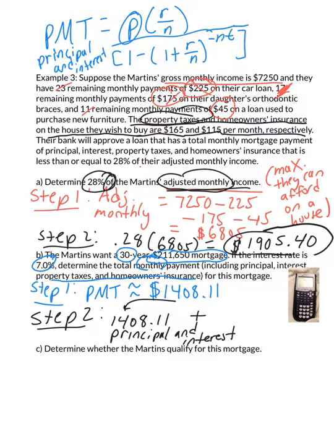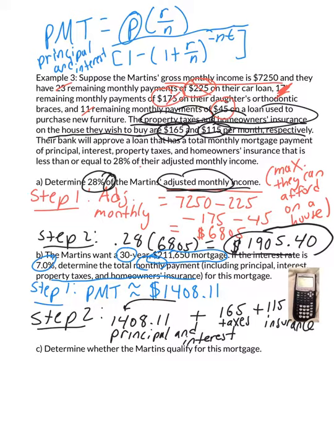So that means the property taxes are $165. I'll just write taxes for property taxes. Plus, we said the homeowner's insurance was $115. So $115, I'll just write insurance.